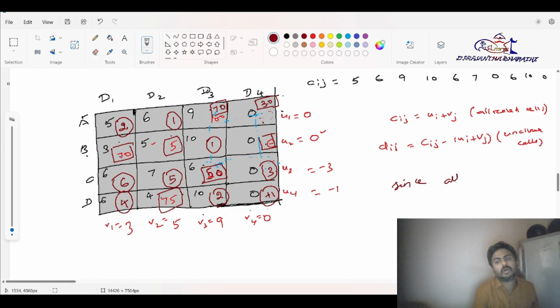Since all Dij are greater than 0, the current degenerate feasible solution is optimum.